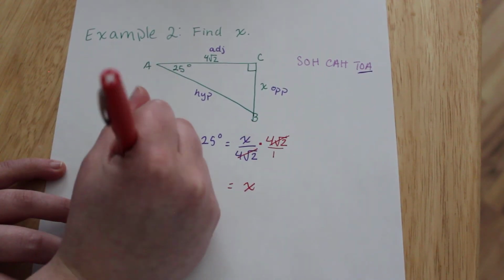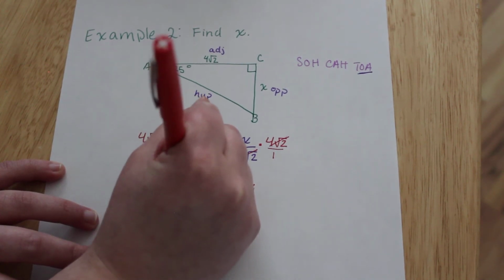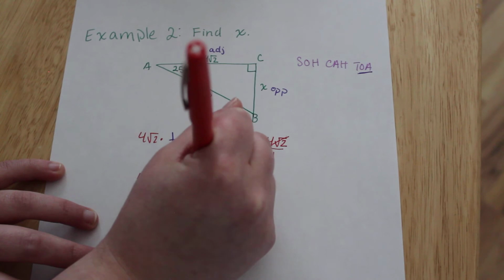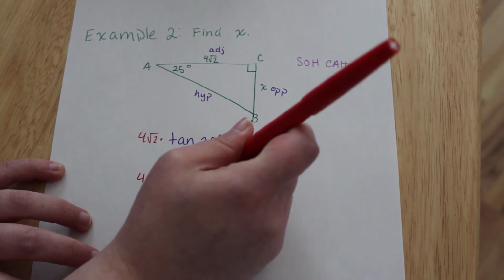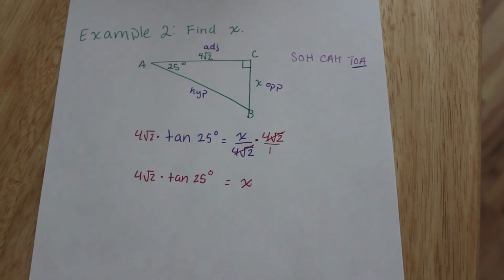On the left-hand side, we still have 4 square root of 2 times the tangent of 25 degrees. Once again, you're going to need a calculator of some form to calculate that value. So we've got 4 times the square root of 2.